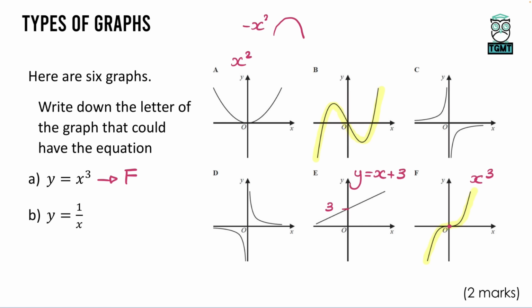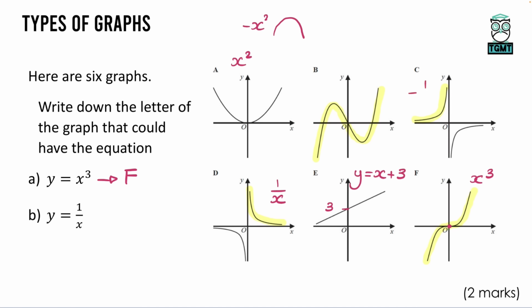The only two that are left over are our reciprocal graphs. So we have graph C and graph D. Now the 1 over x is a reciprocal graph. When we have part of the curve in this positive quadrant of the graph, that's where it's a positive 1 over x. The other graph, which we have over here, which is also a reciprocal graph, has it in the negative quadrants of the graph.